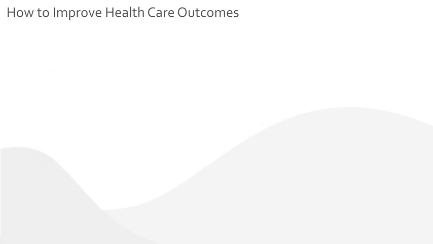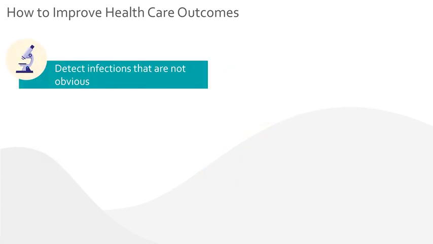When people seek care, it's important that healthcare providers detect infections that are not obvious. To do this, ask about STI symptoms when patients attend for antenatal care, family planning, or other reasons. Look for signs of infection when performing examinations.